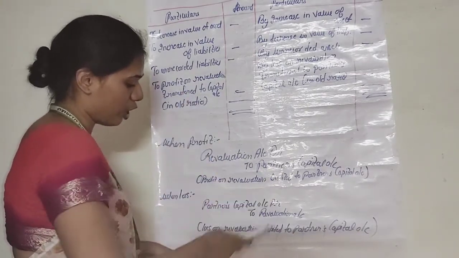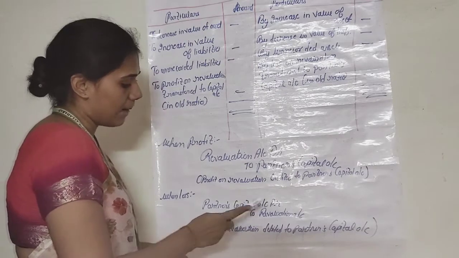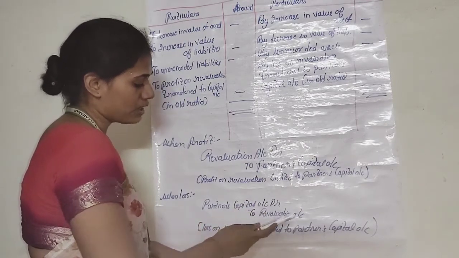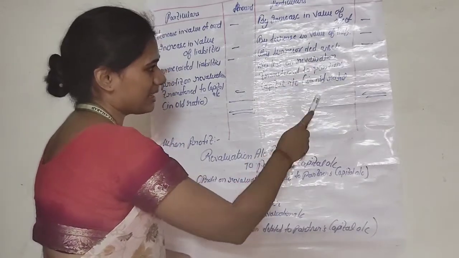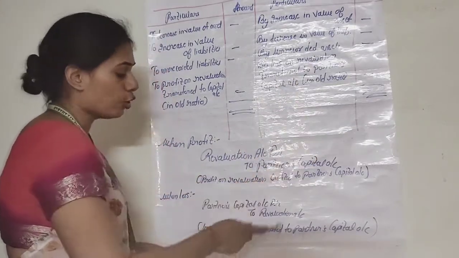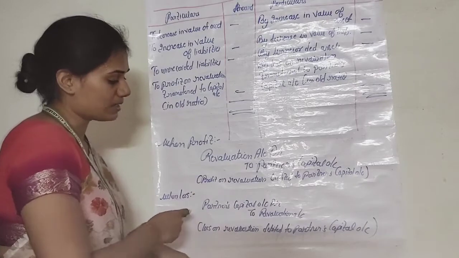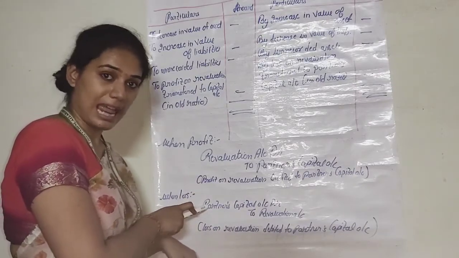And if you have the loss, the journal entry will be partners' capital account debit to revaluation account. Means this loss is written in the credit side in the account, so this will be written in the debit side in the journal entry.